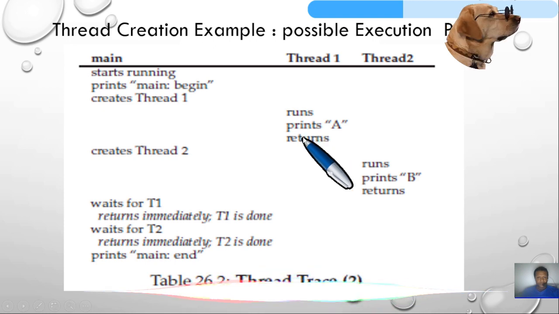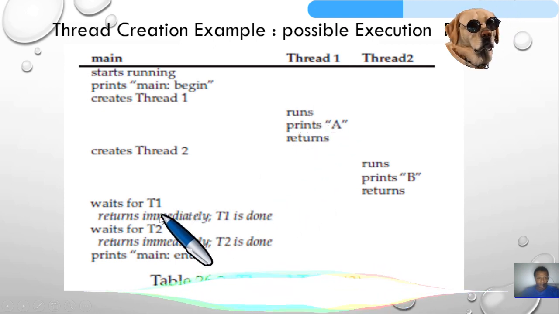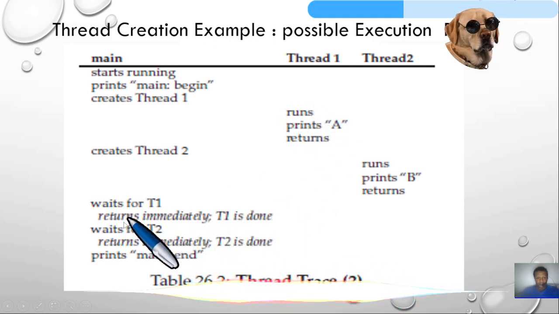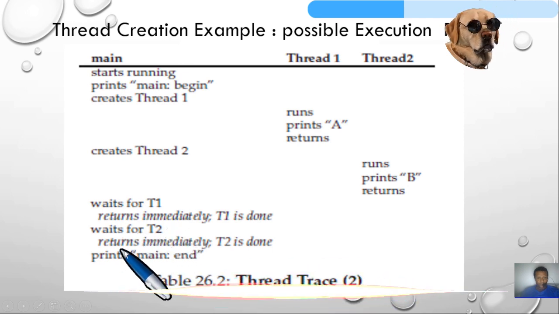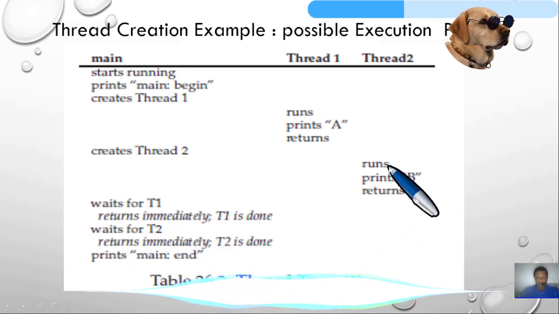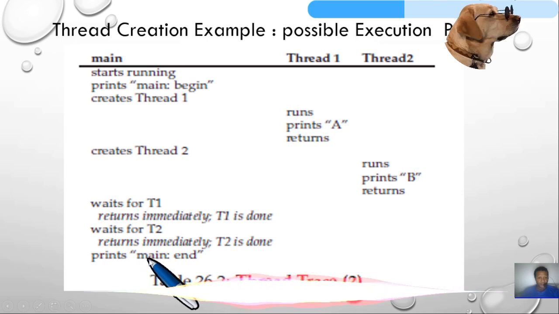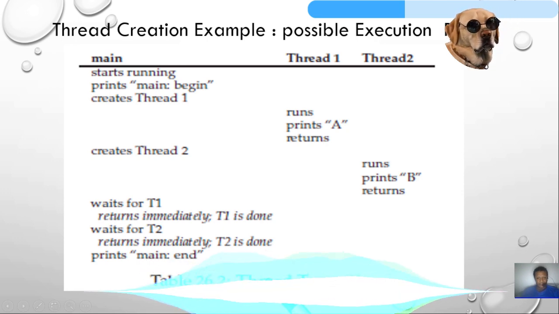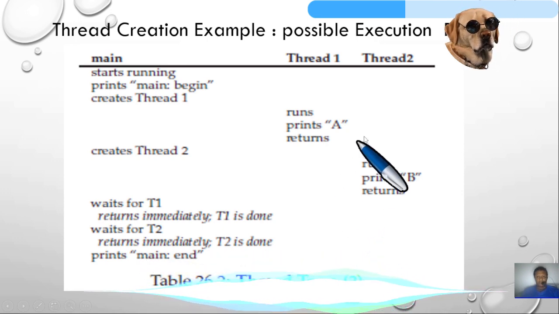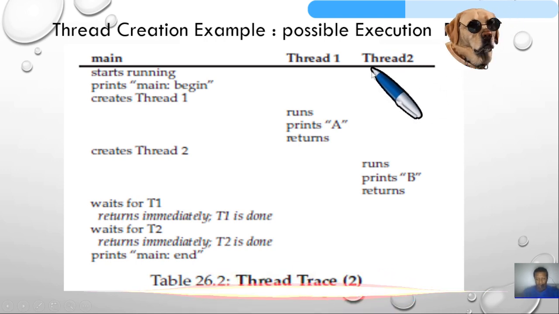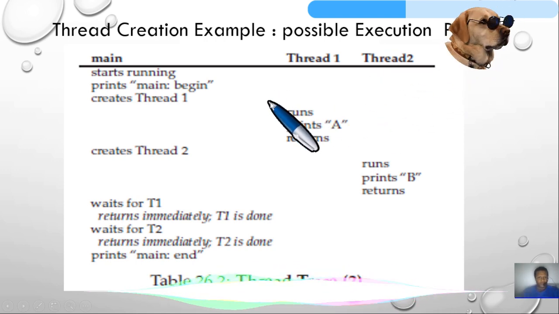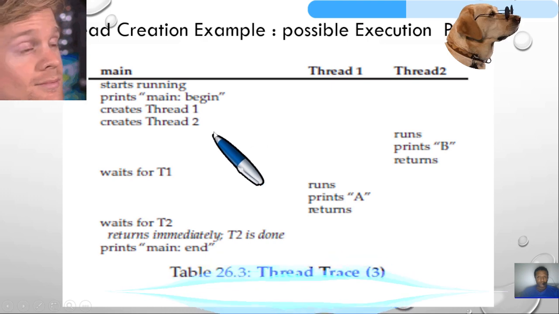Because T1 has already run, T1 is done immediately. Again, wait for T2, then return immediately, T2 is done already because it has already run. Then print main end. This is the thread trace for path 2.